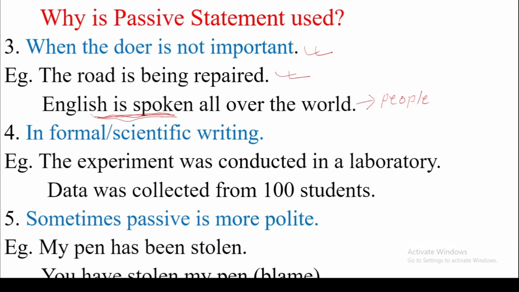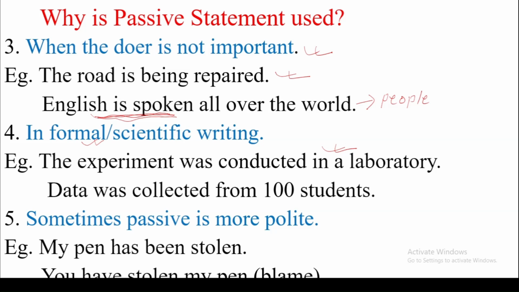And that is, if we have to use formal language or if we have to write scientific writing, we use the passive. It means the passive is more formal. Look at this example. The experiment was conducted in a laboratory. This is a passive and seems more formal.